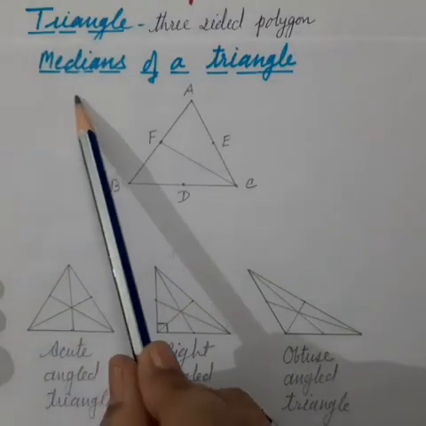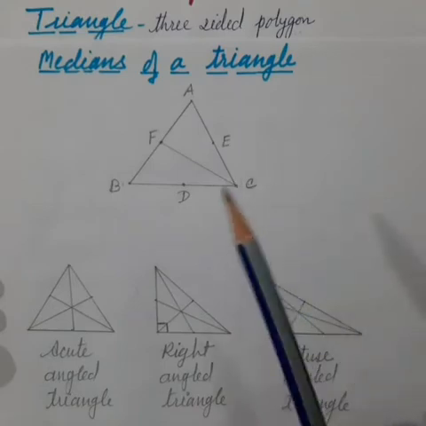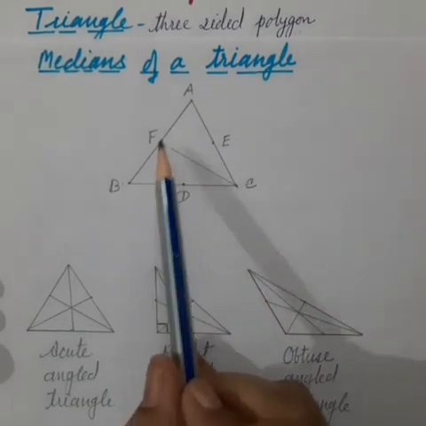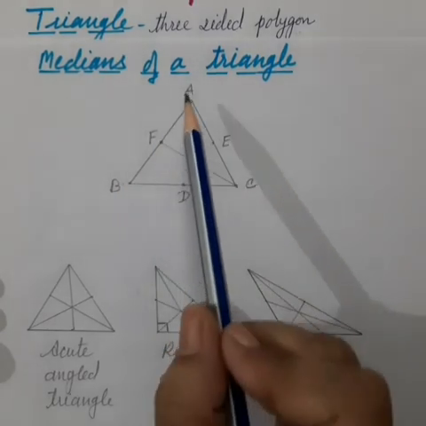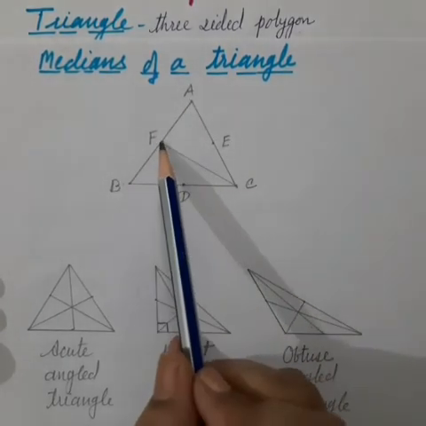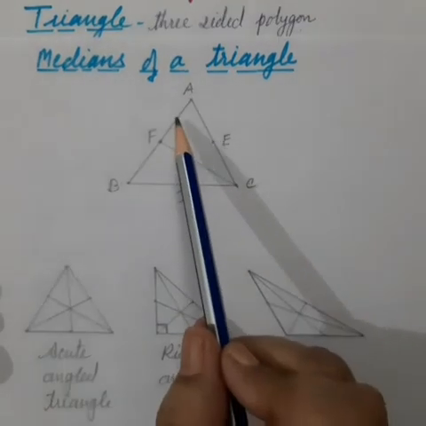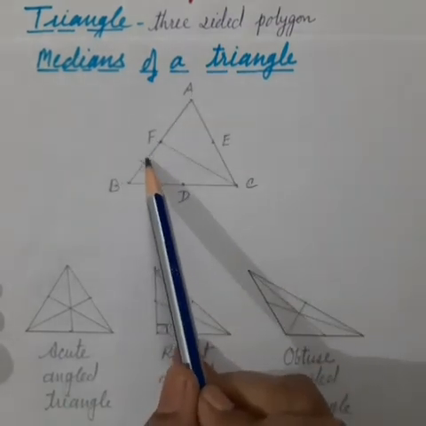Coming to medians of the triangle. Now in this triangle ABC, C is the vertex and its opposite side is AB, and F is the midpoint of AB. Midpoint means F divides AB equally. These parts FA and FB are equal.